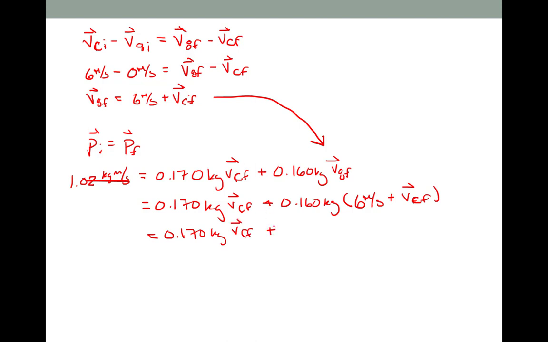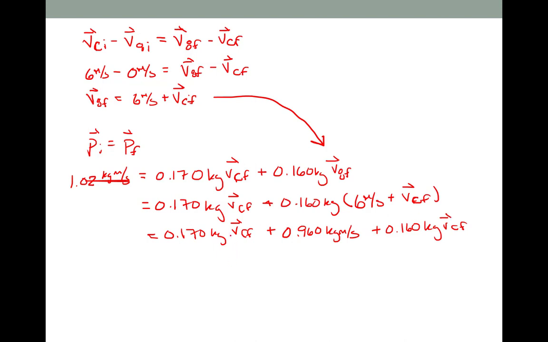Okay, getting rid of the parentheses, 0.16 times 6 is 0.96. Now I can combine like terms.